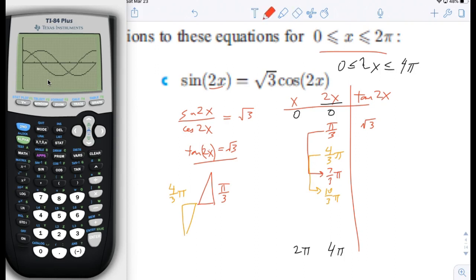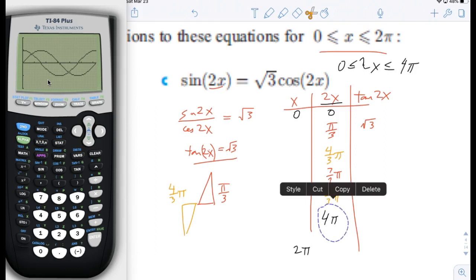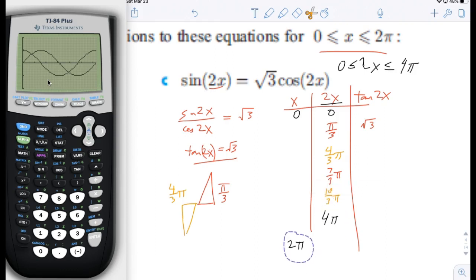So we get rid of that. We found the last one, right? And then we can just put our 4 pi closer. Okay, and so now we have 1, 2, 3, 4 possible solutions.